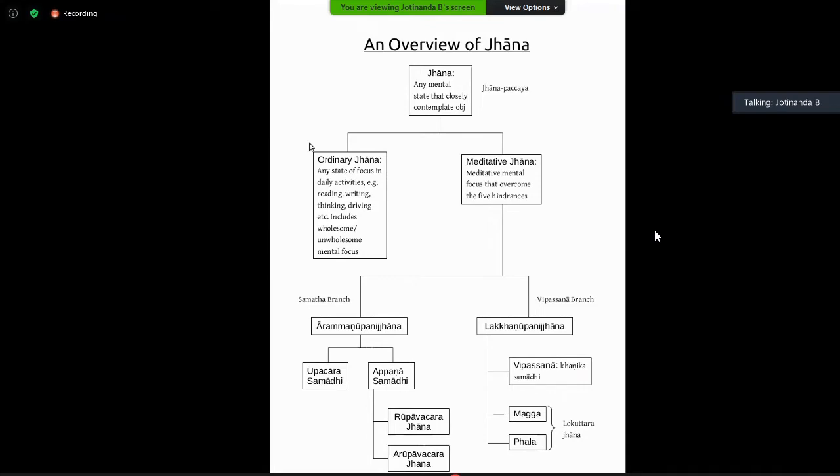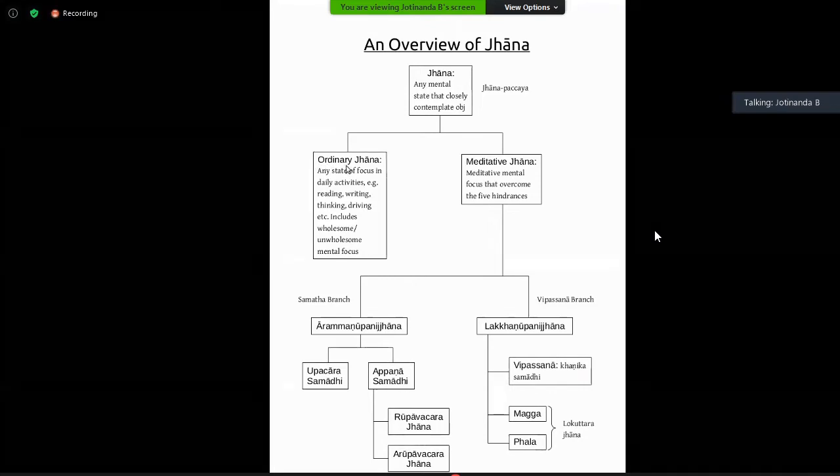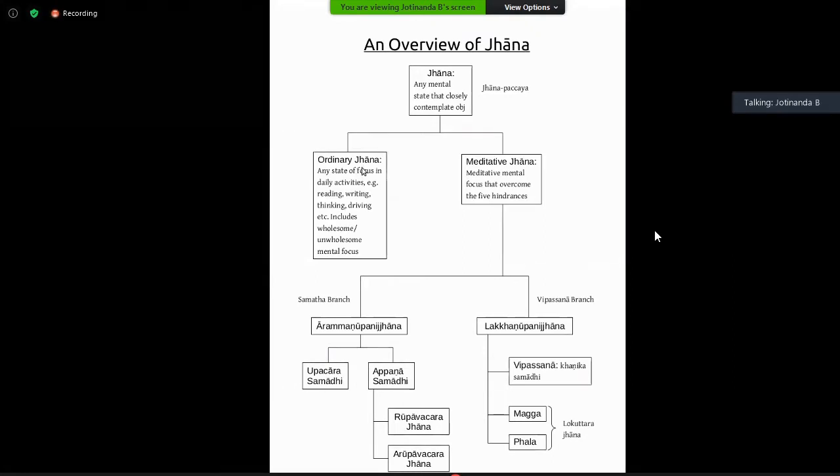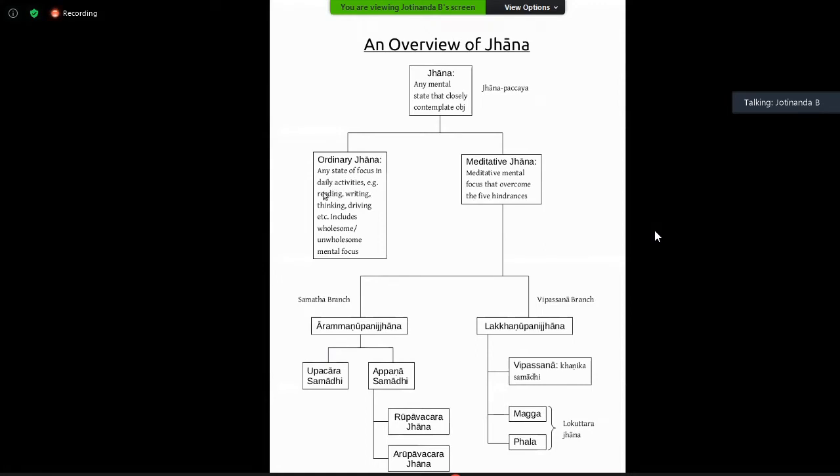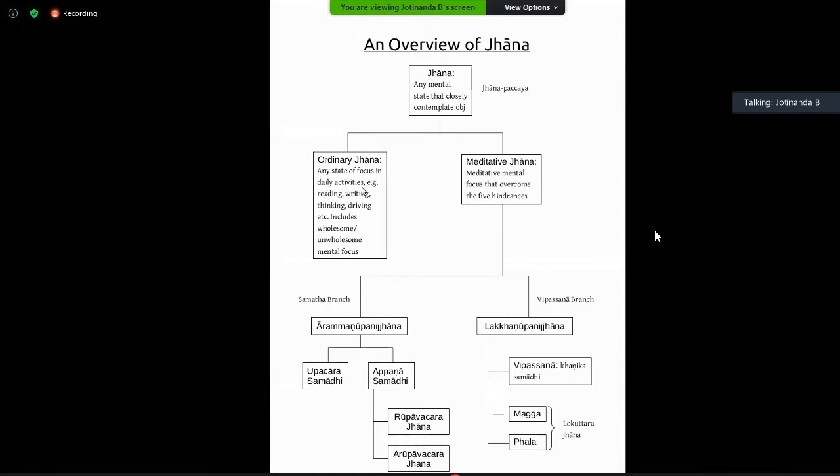I call it ordinary jhana. This is a name that I give it because I cannot find any suitable name in the texts, the commentaries or the Abhidhamma. Ordinary jhana means any state of focus in our everyday life.